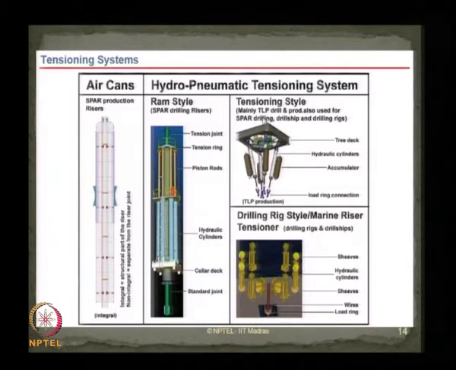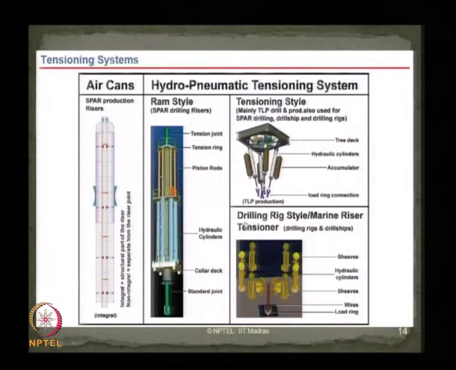Alternatively, the TLP uses a tensioning style which is slightly different from the ram style, where there is a tree deck on top which has hydraulic cylinders mounted at a different angle, supported by accumulators attached in parallel to these cylinders. They are all connected to a load ring connection, which is then further connected to a TLP production riser.